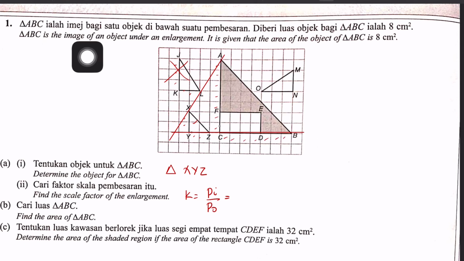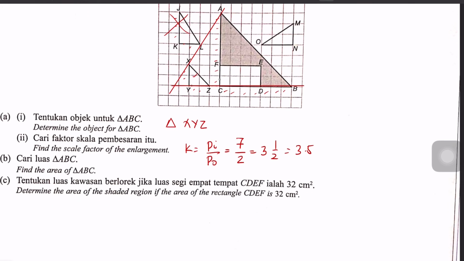So we have 7. The length of the object is 2. So the scale factor is 7 over 2, or you can write it as 3 1 over 2, or 3.5. All accepted.